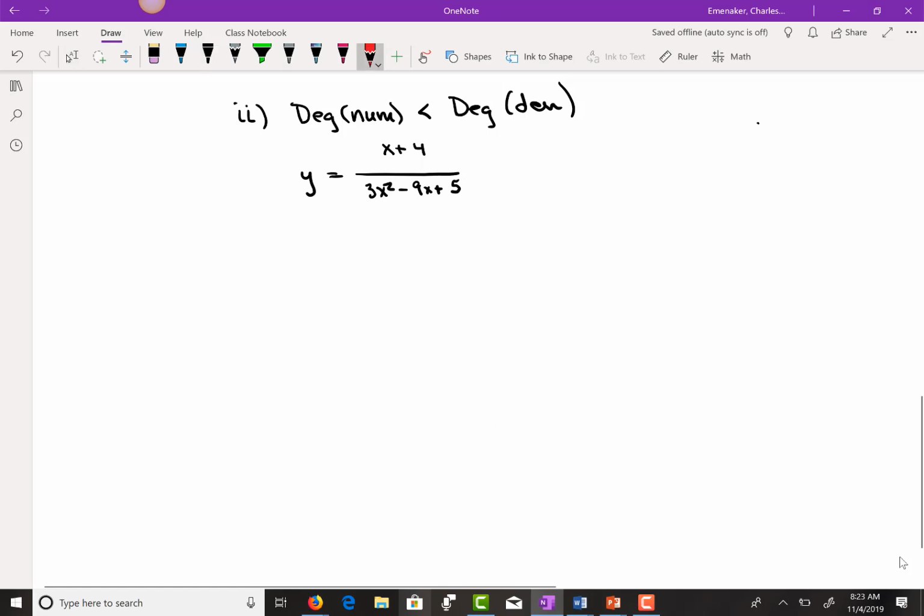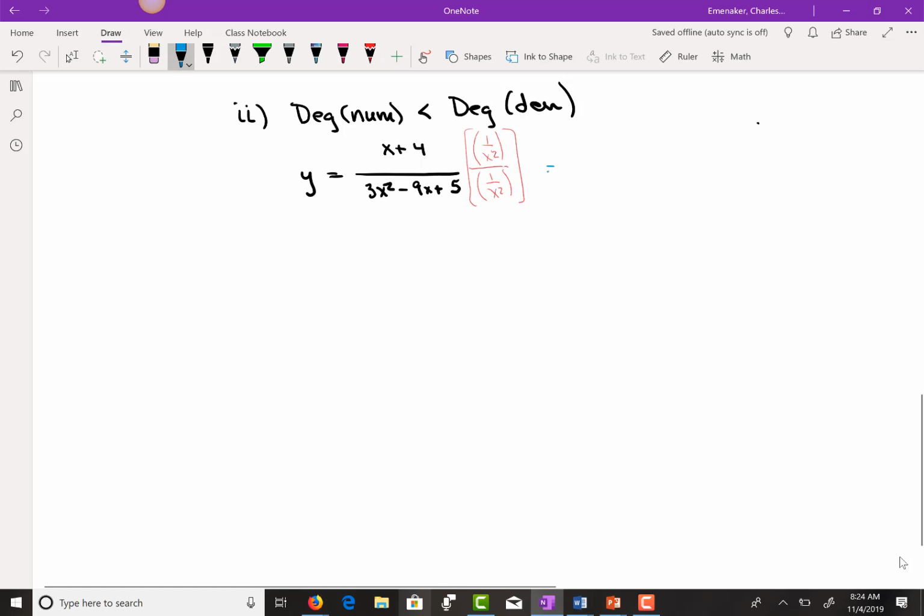As far as the horizontal asymptote, we multiply the numerator and the denominator by the reciprocal of whatever the highest power of x is. In other words, we're going to divide everything by x squared. Okay, does that make sense to everybody where we're headed now?